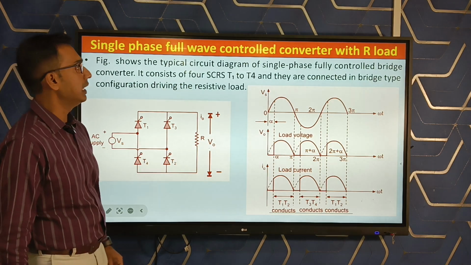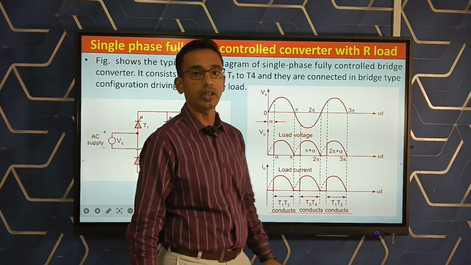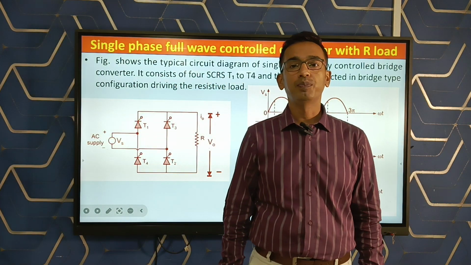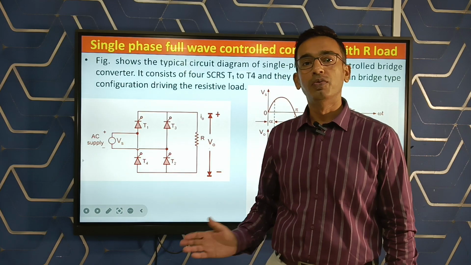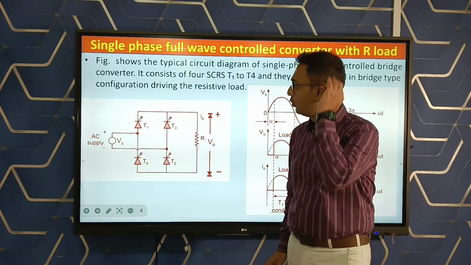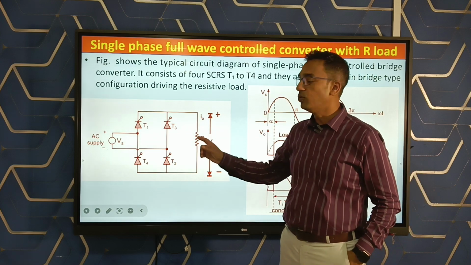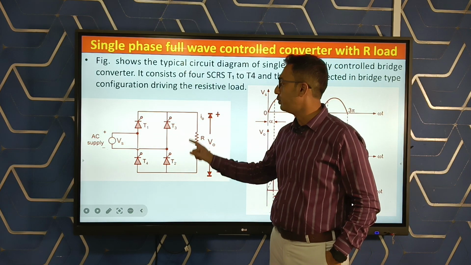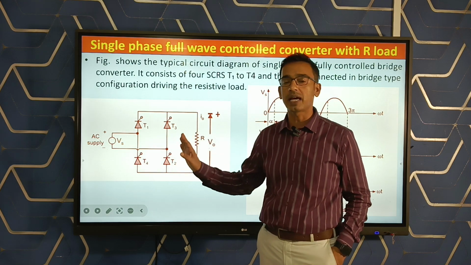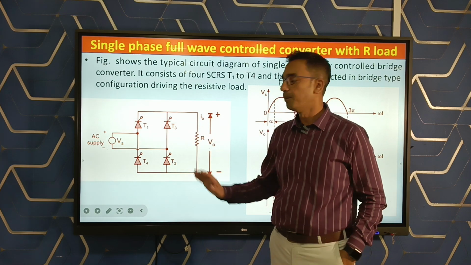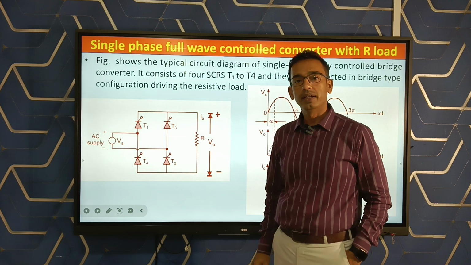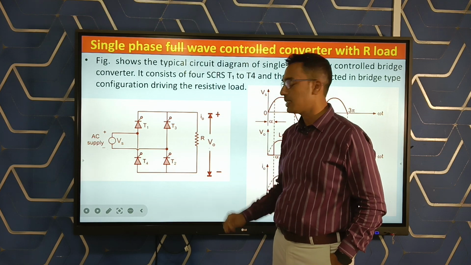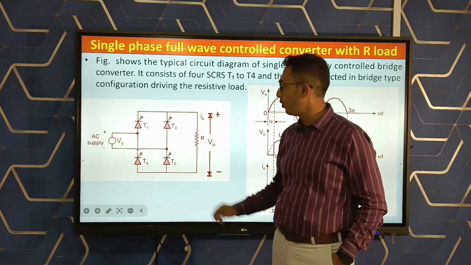Now coming to the single phase full wave controlled converter with R load. After the half wave, the full wave. As I said, the full wave rectifier uses 4 thyristors. In the diagram you see T1, T2, T3, T4, 4 thyristors connected in a bridge manner, and the resistance is connected, a purely resistive load.